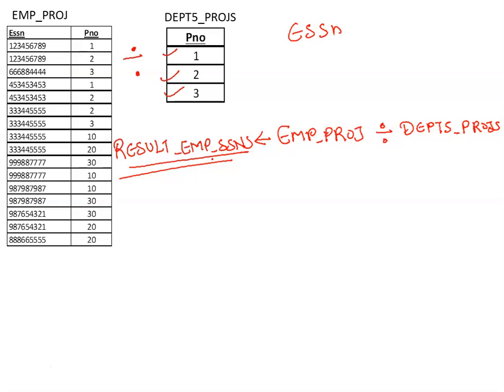Now my final thing is, take this EMPs, perform a natural join with the employee table, which will give you the name of those employees, right? So result underscore EMP underscore SSNS natural join with employee.